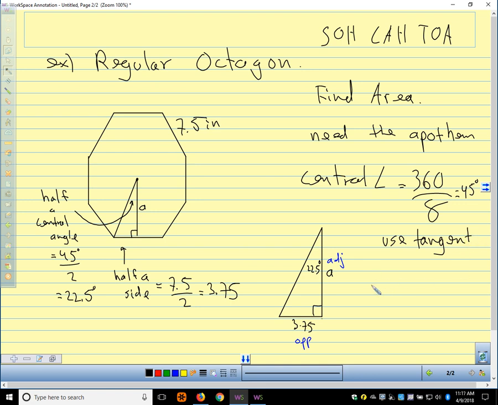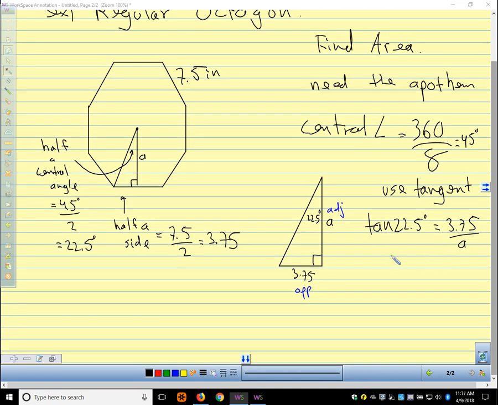So we're going to say the tangent of the angle, 22.5 degrees, is the opposite, 3.75, over the adjacent, which is the apothem. This is the kind where we have to be a little careful about solving this. Multiply everything by a, so those go away. I get a tangent 22.5 degrees equals 3.75.